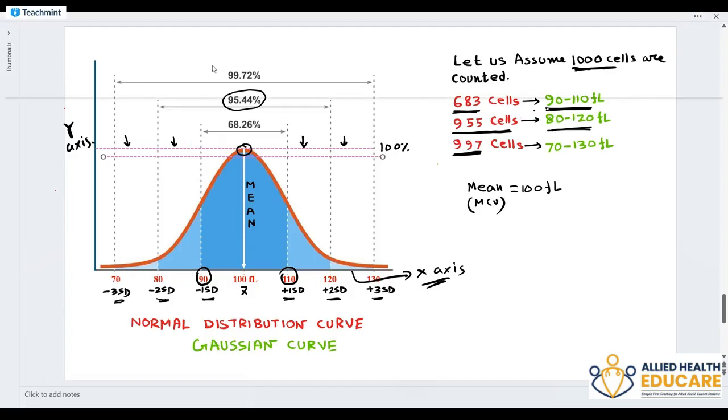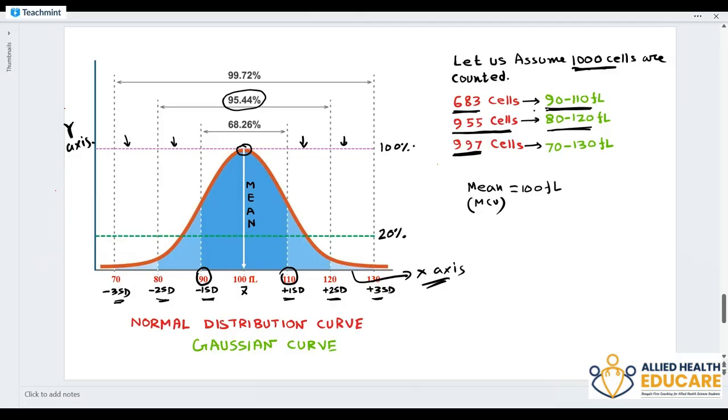Let me change the color. Okay. And let's suppose the green line represents 20%.